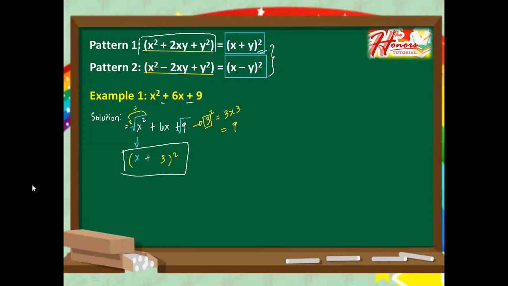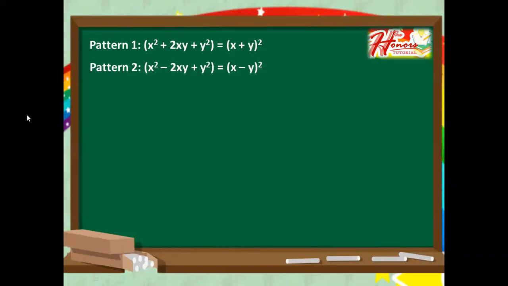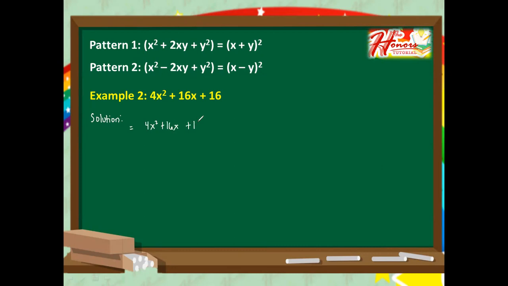Next, for example number 2, we have here 4x squared plus 16x plus 16. Let me just write solution here and then let me just copy the given. So that is 4x squared plus 16x plus 16.